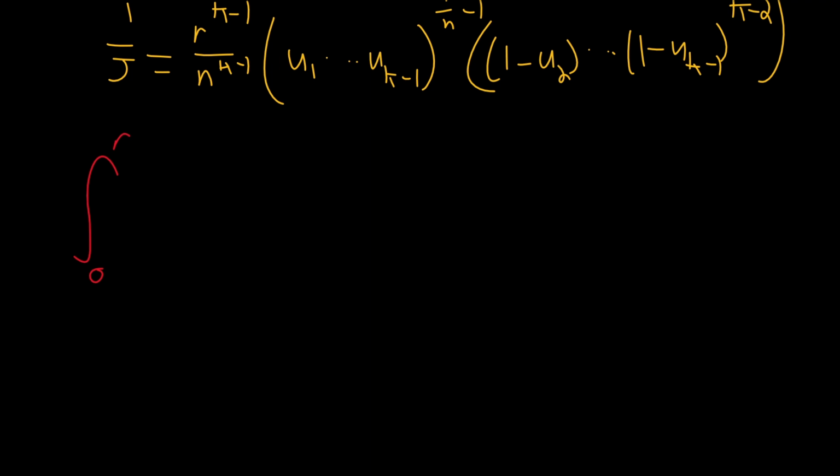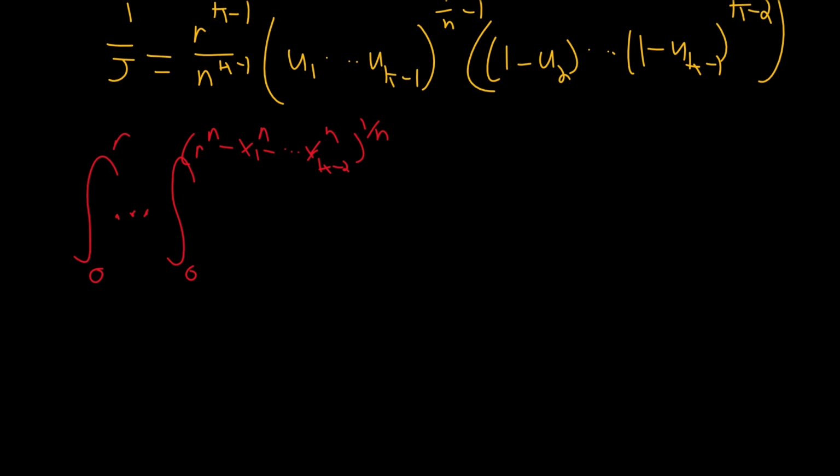I'm just going to write a dot dot dot here, because hopefully the pattern is understood now. 0, r to the n minus x1 to the n minus dot dot dot, x k minus 2 to the n, all to the 1 over n.